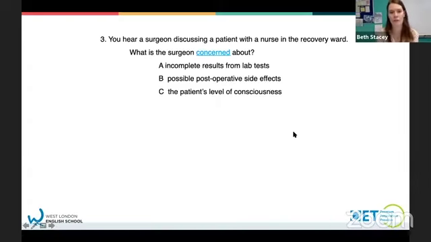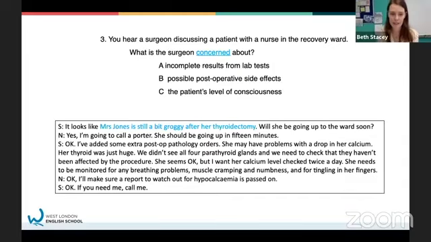Okay. So here the question: what is the surgeon concerned about, so worried about or anxious about? Our first line here was Mrs. Jones is still a bit groggy after her thyroidectomy. Now, groggy is a word that means when you're not quite asleep, but not quite awake.